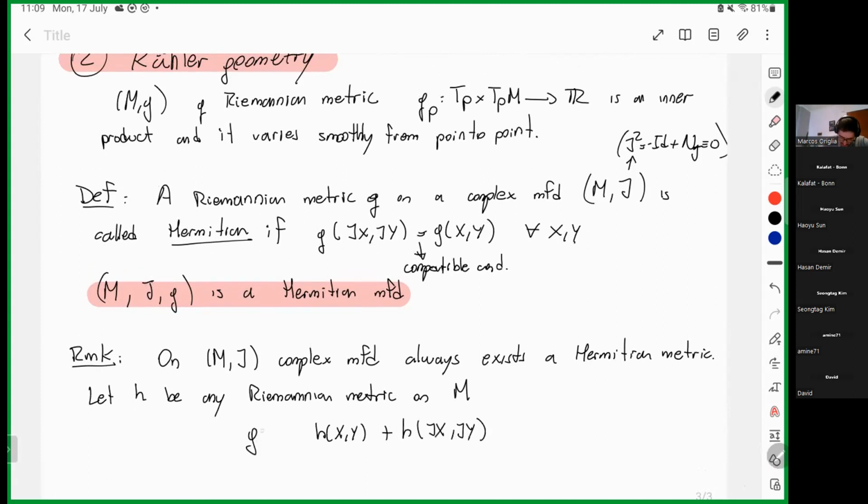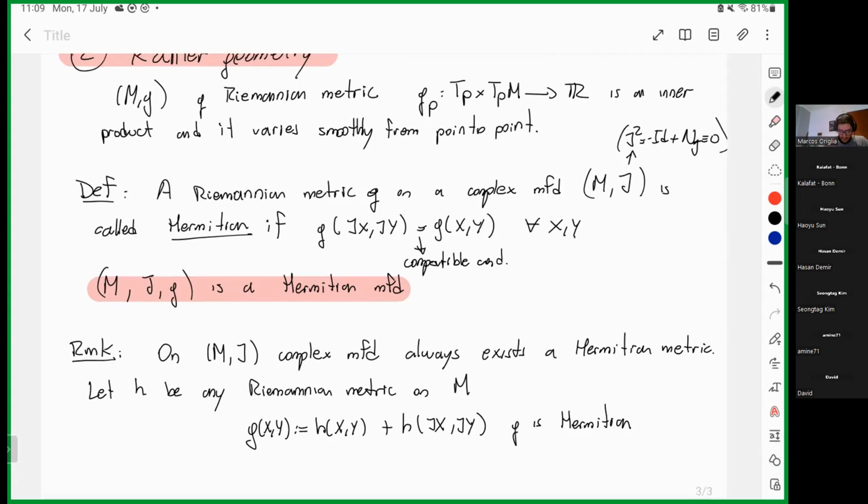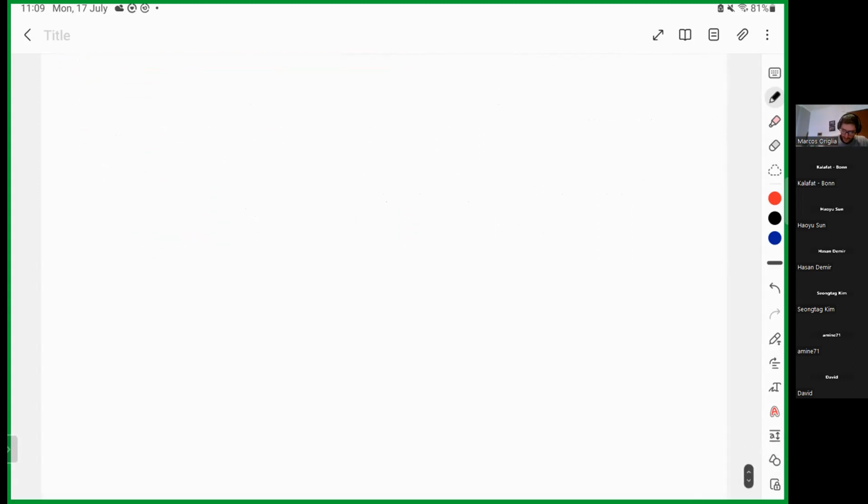And this is the new metric. If we define G as this sum, this G is Hermitian. So we can always construct a Hermitian metric given any complex manifold, right? Okay.